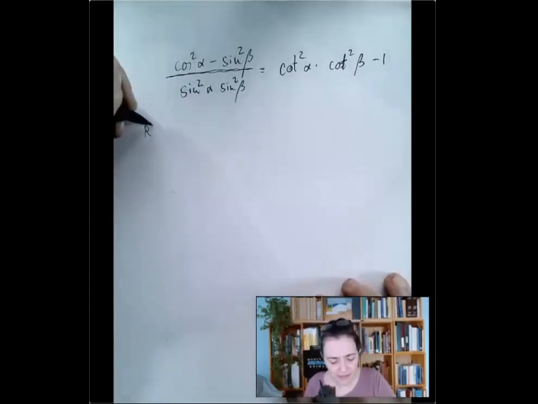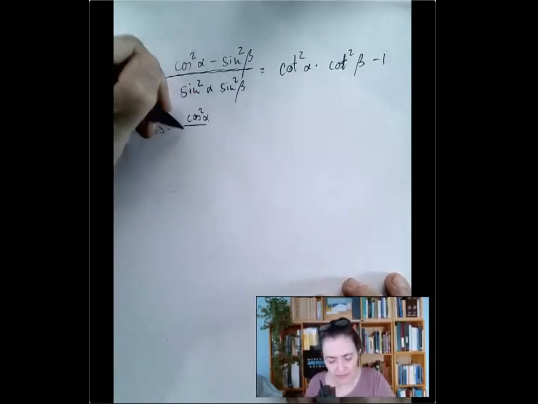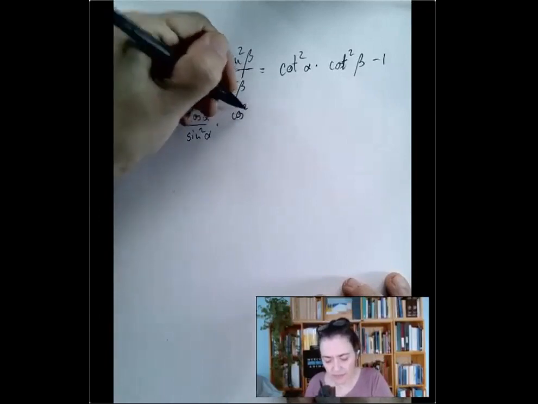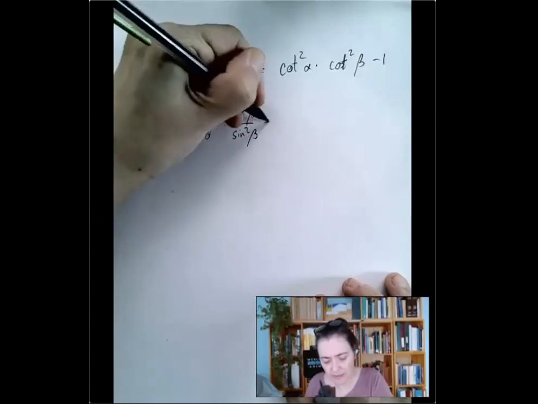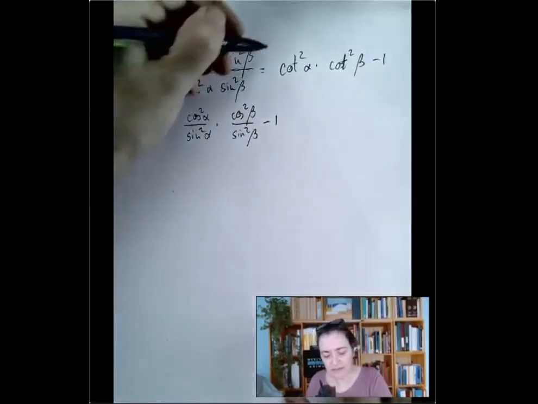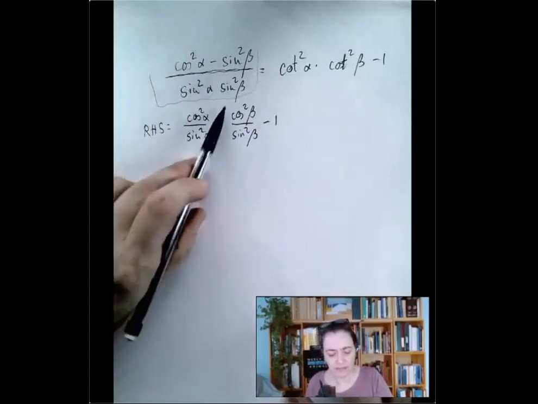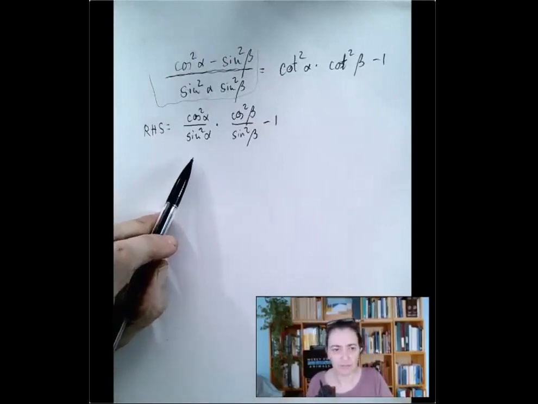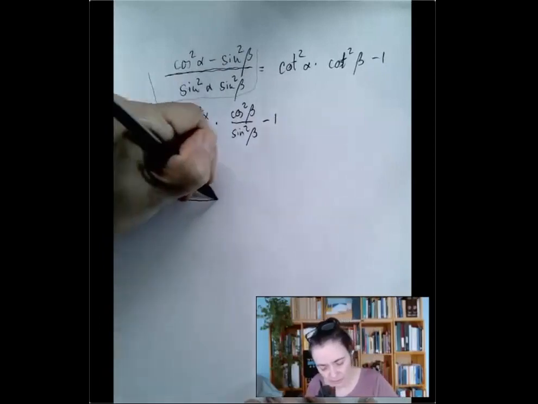Let's grab the right-hand side. That's cosine squared alpha divided by sine squared alpha times cosine squared beta divided by sine squared beta minus 1. And always keep an eye on where we want to arrive. If you look at the denominator, it's already set. So that means we probably should just bring stuff to the common denominator and massage the numerator, because the denominator is already in the shape we wanted.